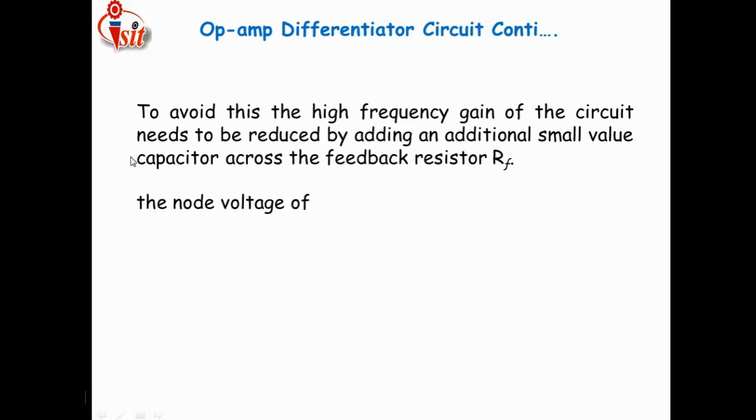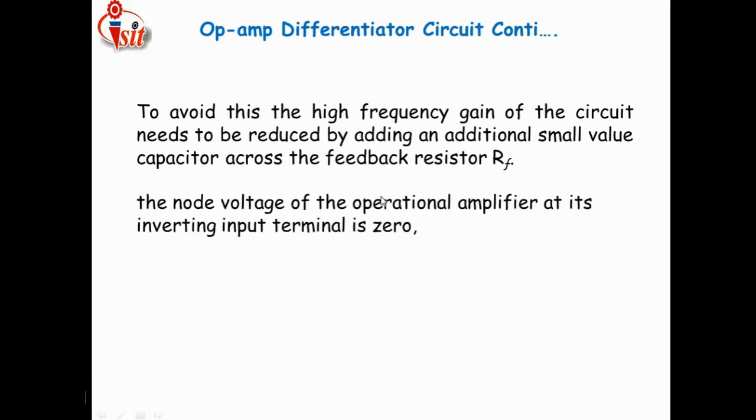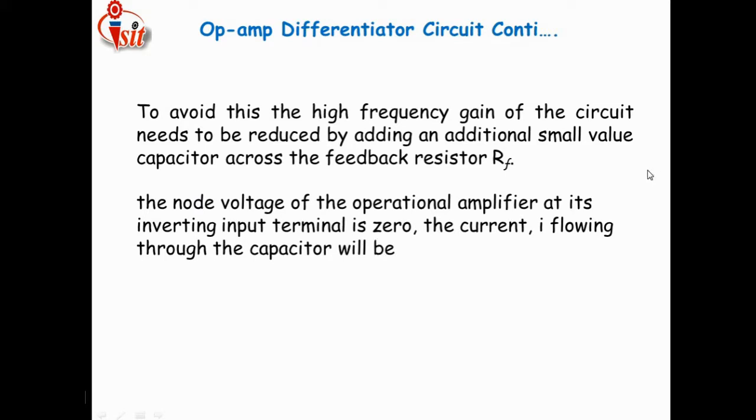Along with this, the node voltage of the operational amplifier at its inverting input terminal is 0, because the applied input current or voltage it is observing is 0. For that purpose, whatever output is introduced is again 0. The current I flowing through the capacitor is given by the equation IN is equal to IF.